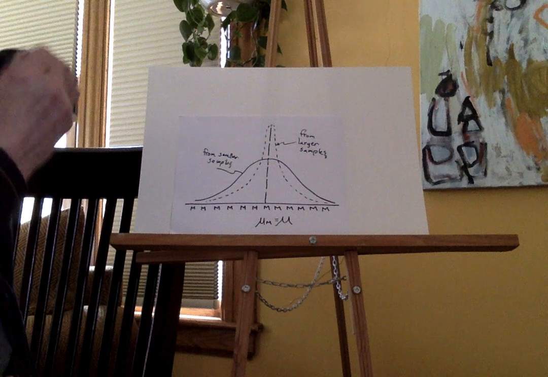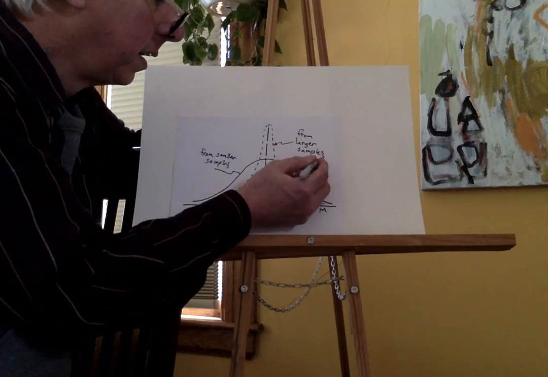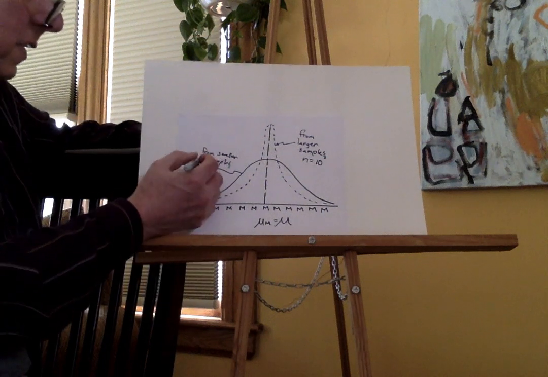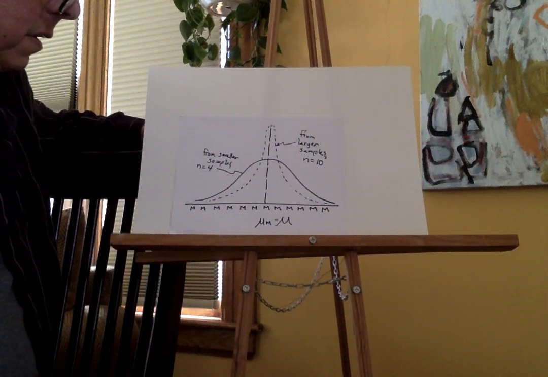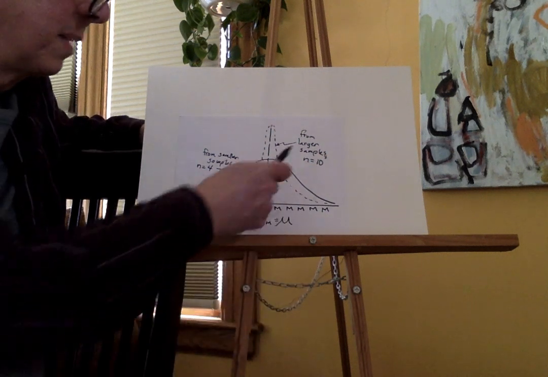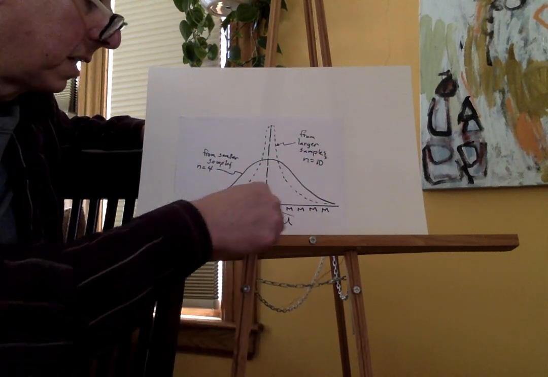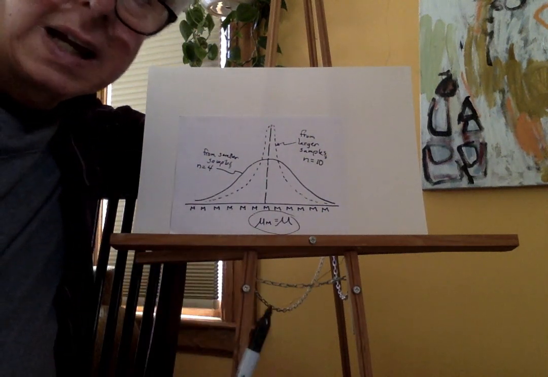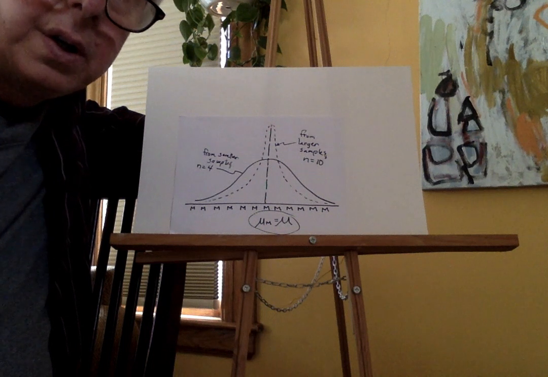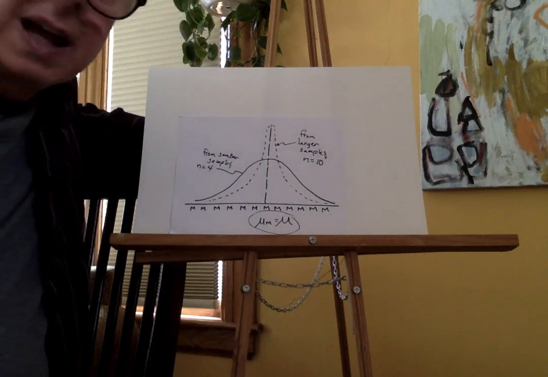Let's say these are samples of n equal 10, and these are samples of n equal 4. Overall, samples of 10 are going to be closer to my overall mean than samples of 4. So I want to have a larger sample to give myself a better guess about what's in that bag.